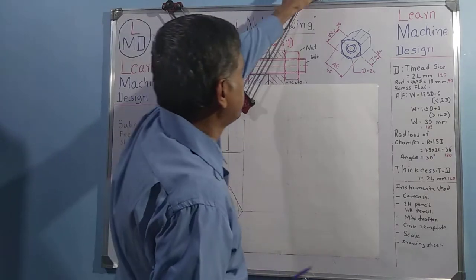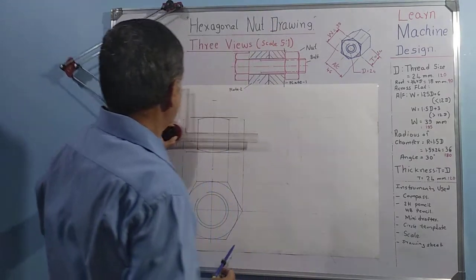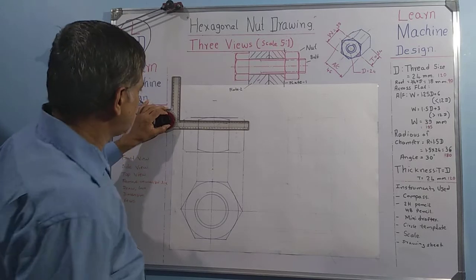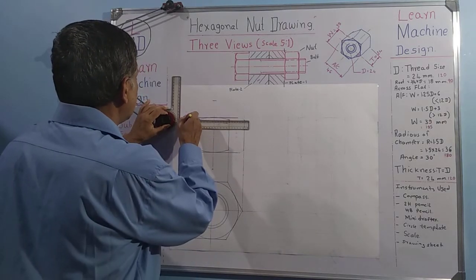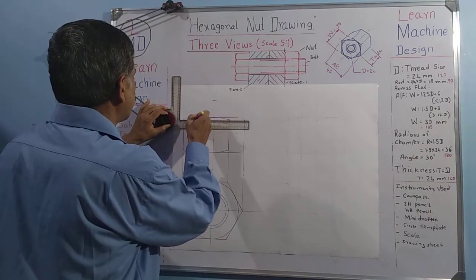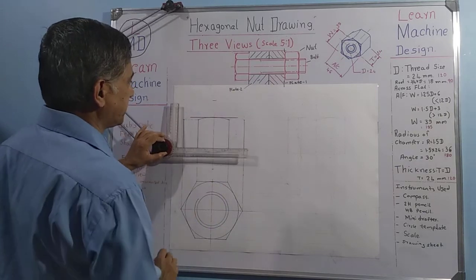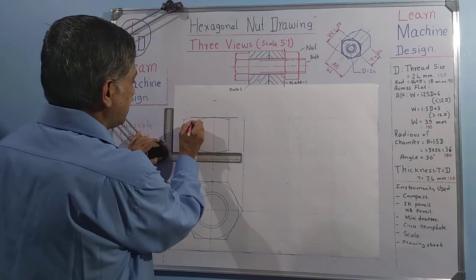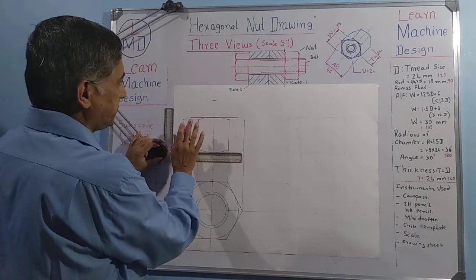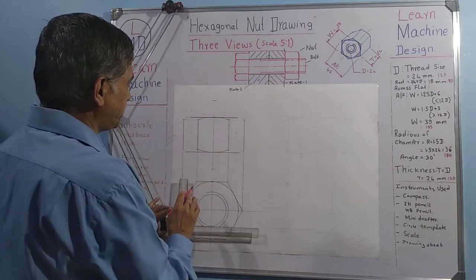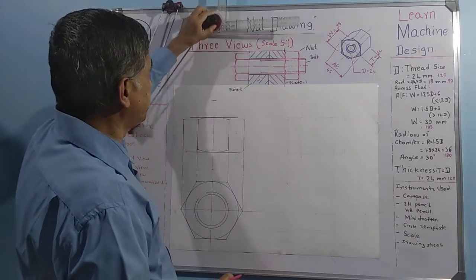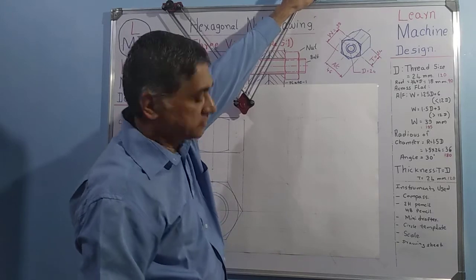What we have to do is make a line for construction purposes like this, and we have to divide this line by means of any method. I will use one of the compass methods to divide this line.